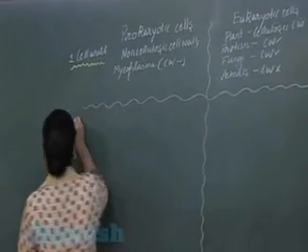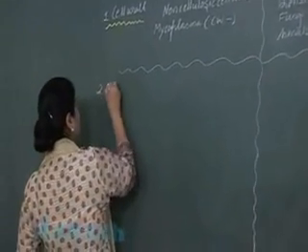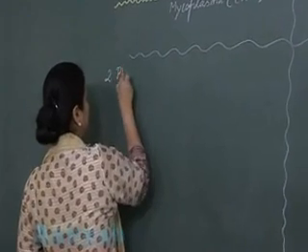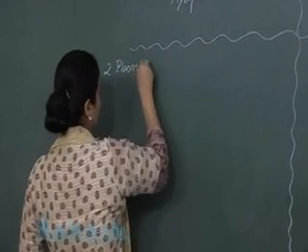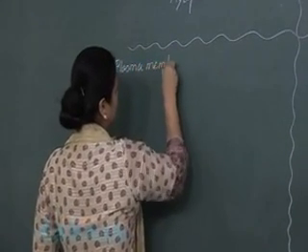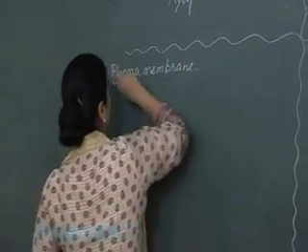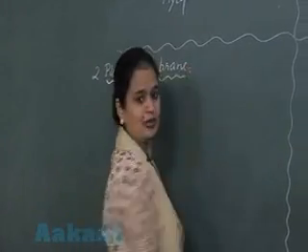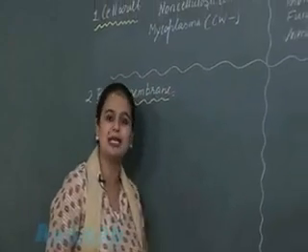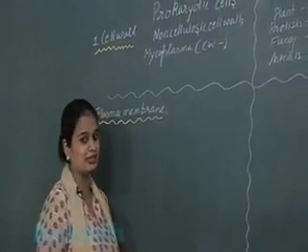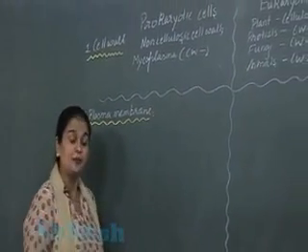The layer present below the cell wall is very well known to you. That layer is the plasma membrane. So below the cell wall, the covering which is present is the plasma membrane.